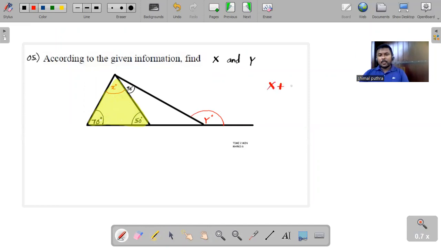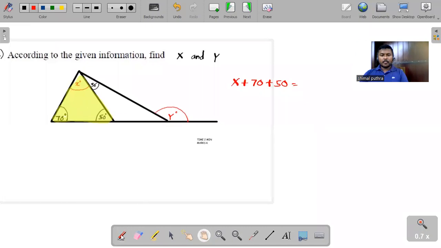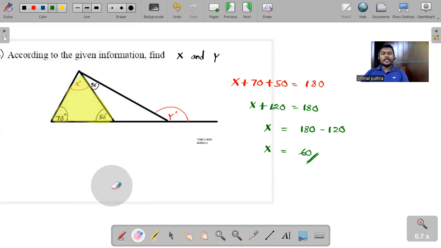So x plus 70 plus 50 should be equal to 180. This x plus 120 is equal to 180. X is equal to 180 minus 120. X is equal to 60. Yes, we found the answer x as 60.